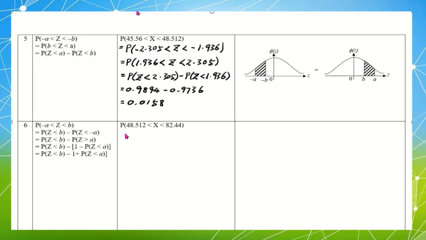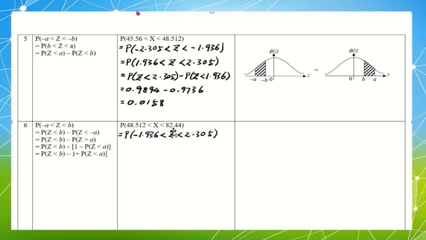Now we continue to example number 6. Here I want to find the probability of x greater than 48.512 and less than 82.44. So first I change x to z. I get z is greater than negative 1.936 and less than positive 2.305.